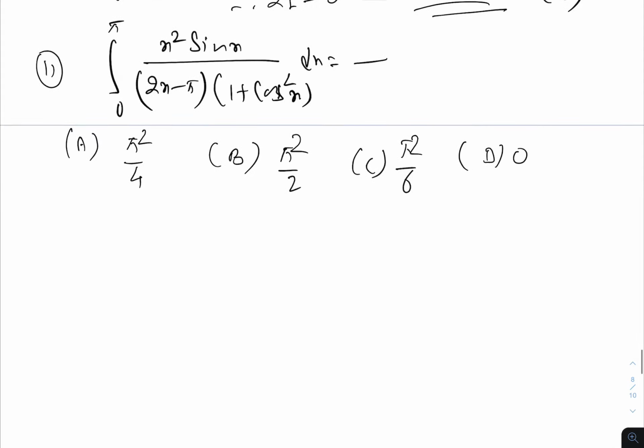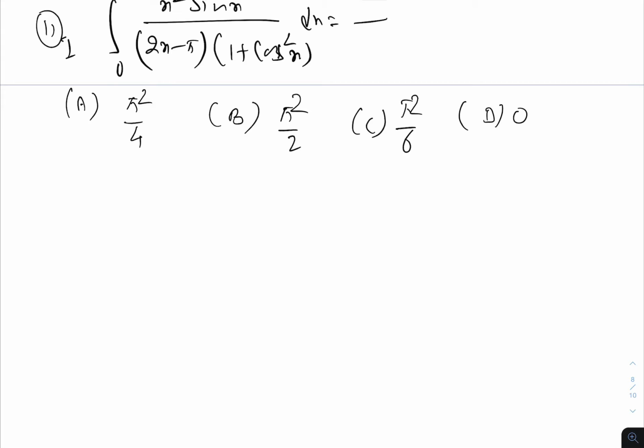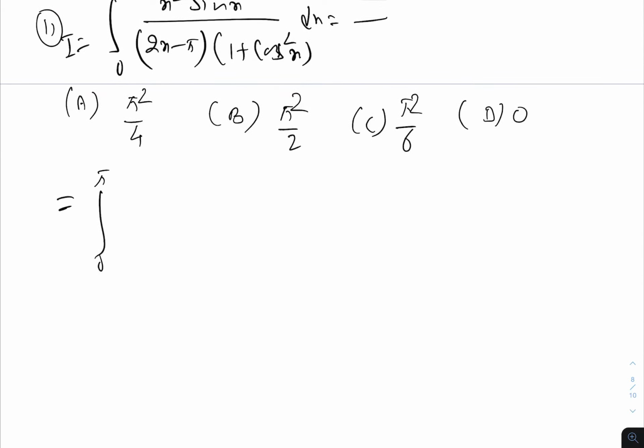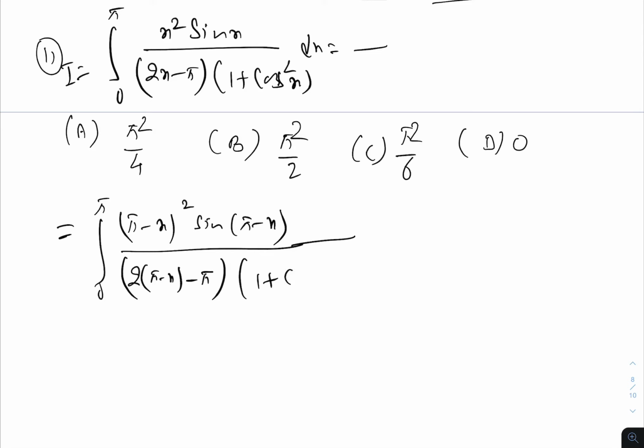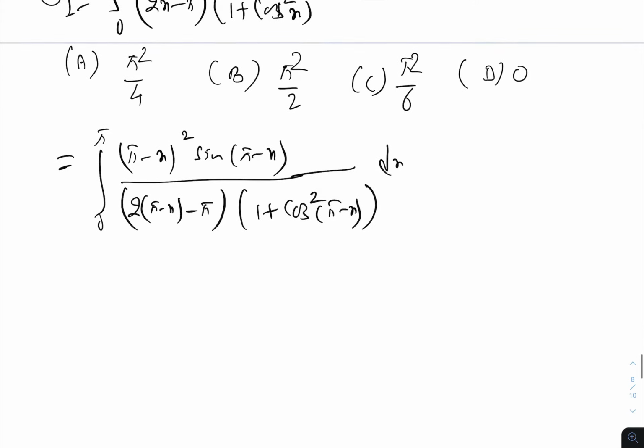So let us solve here. So this is say I, and now again we use the same technique, 0 to pi. This is (pi minus x) square sine(pi minus x) over (2(pi minus x) minus pi)(1 plus cosine square(pi minus x)). So that is the result we are using.